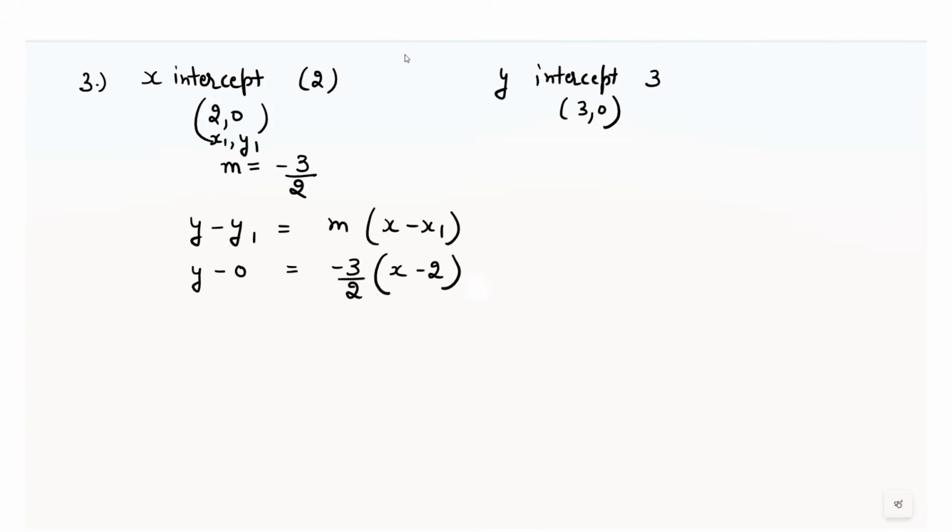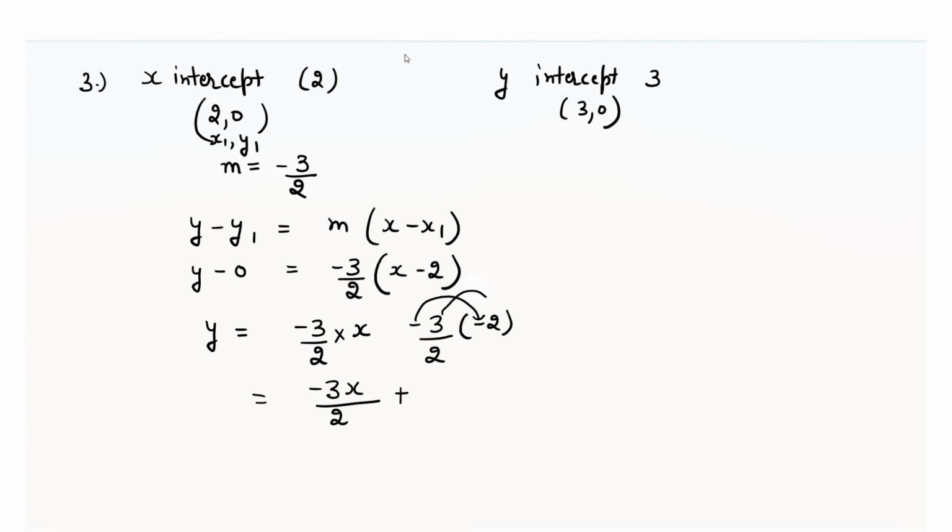Now y minus 0 is y, which is equal to minus 3 over 2. We open the bracket: into x, minus 3 by 2 into minus 2. So we get minus 3 by 2 x. Now minus into minus is plus, 3 into 2 is 6, so 6 by 2.